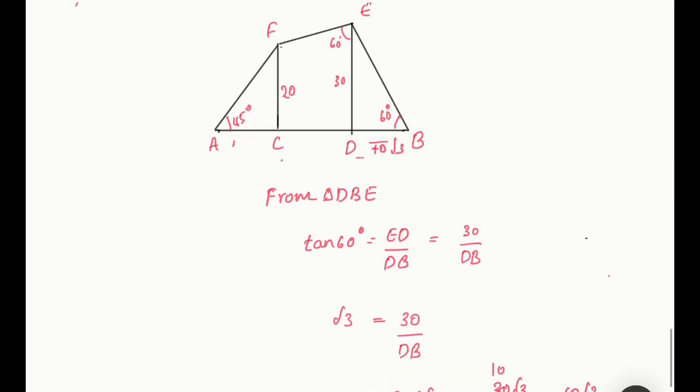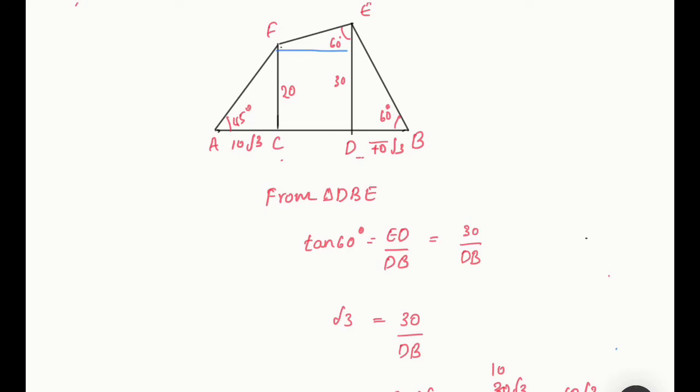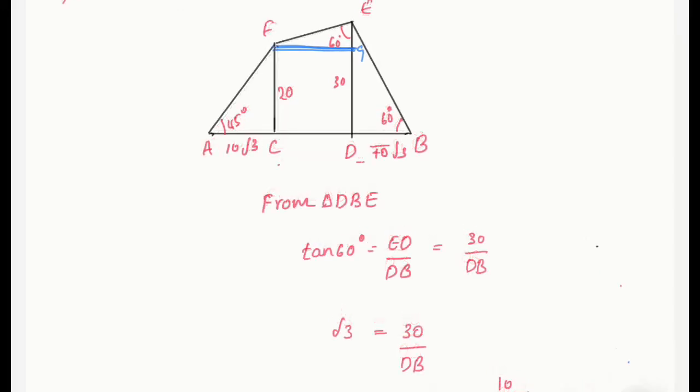So if DB is 10 root 3, you get AC is also 10 root 3. Now you can draw an extension here. F is already there, so you can make it FG. Using that, you can find the value of FG, then the value of CD. If this whole thing ED is 30, this will be 20, and this is 10.